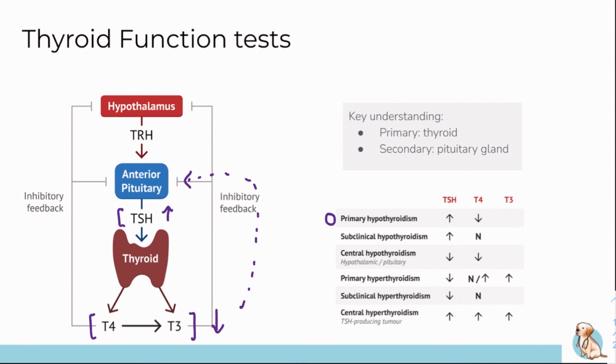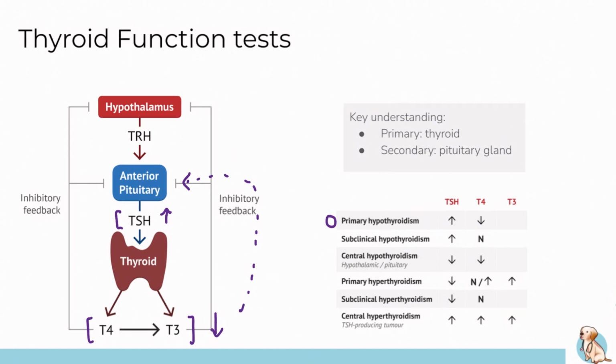Now, in primary hypothyroidism, the issue is with the thyroid. So the thyroid doesn't respond to the increased TSH. On the other hand, if the issue was secondary and not related to the thyroid, then TSH would also be decreased because the anterior pituitary isn't sending the signals that the thyroid needs to respond to. And the same thing is true if we look at hyperthyroidism.